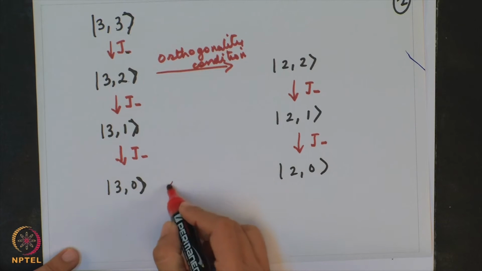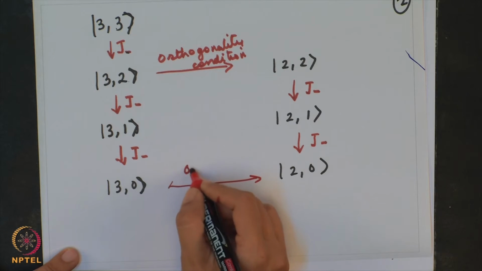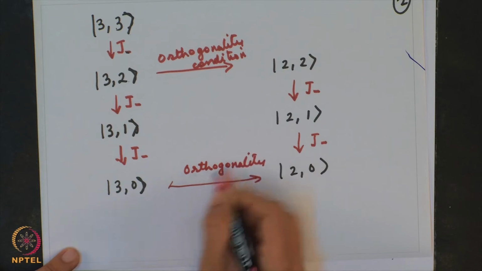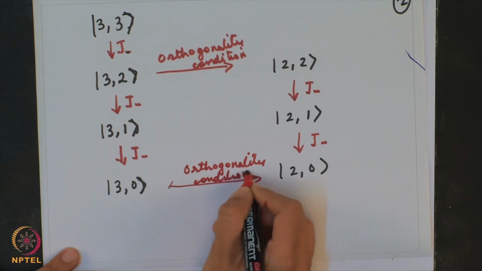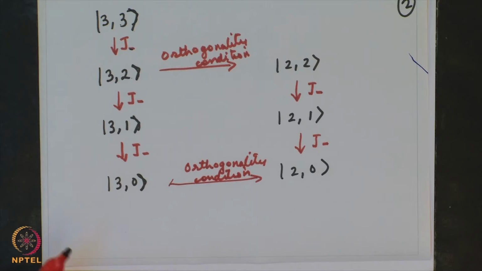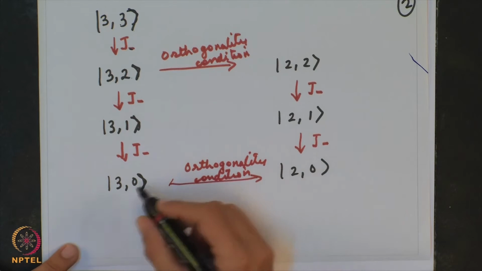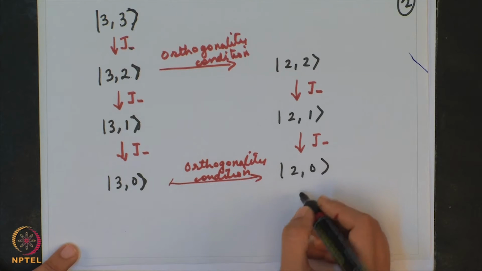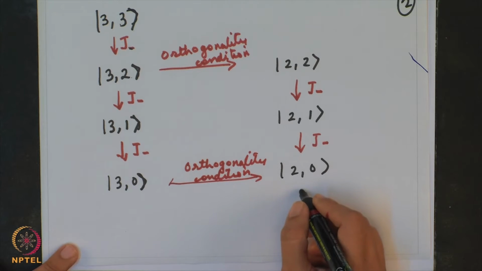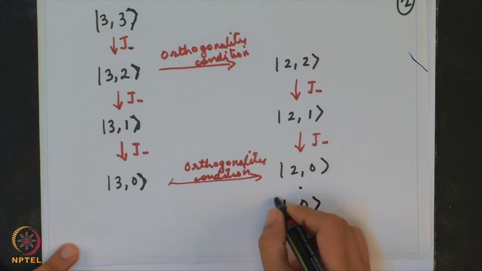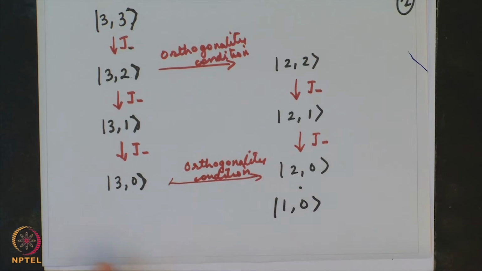In this step again you can apply the orthogonality condition, and go to the next state, which can be obtained from here also or by applying the orthogonality condition, and on further application of the orthogonality relation you obtain the 1 1 state.